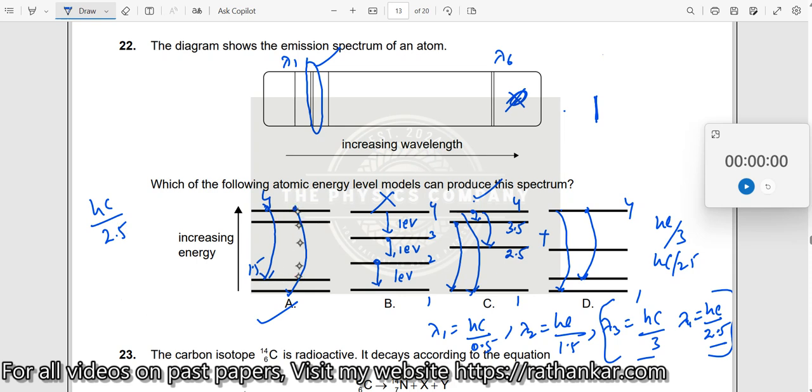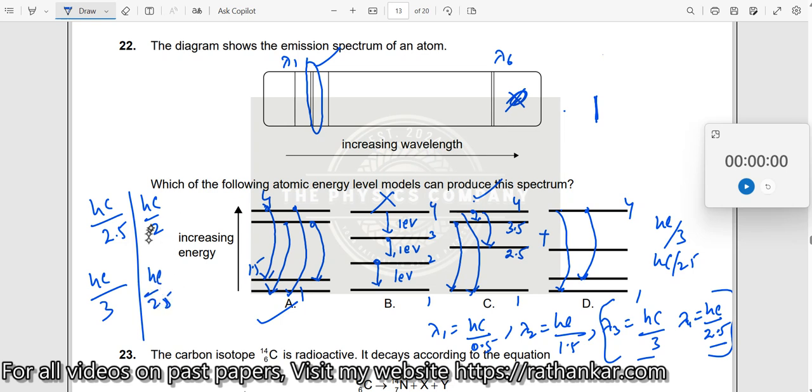If it jumps from 4 to 1, you get hc by 3. In a similar way, if it jumps from here to here, this should be 3.5 and this is 1.5, which should be 2, so hc by 2. And if it jumps from 3.5 to 1, you get hc by 2.5.